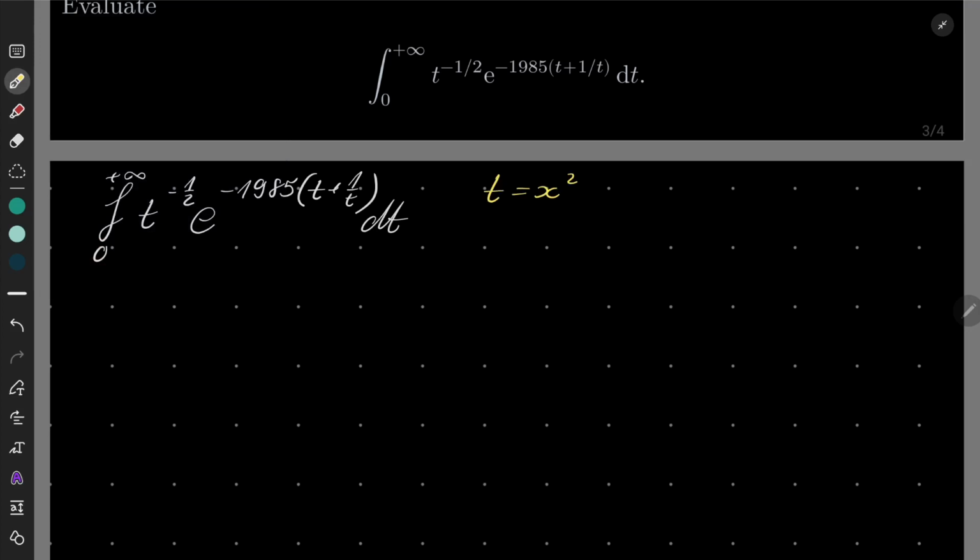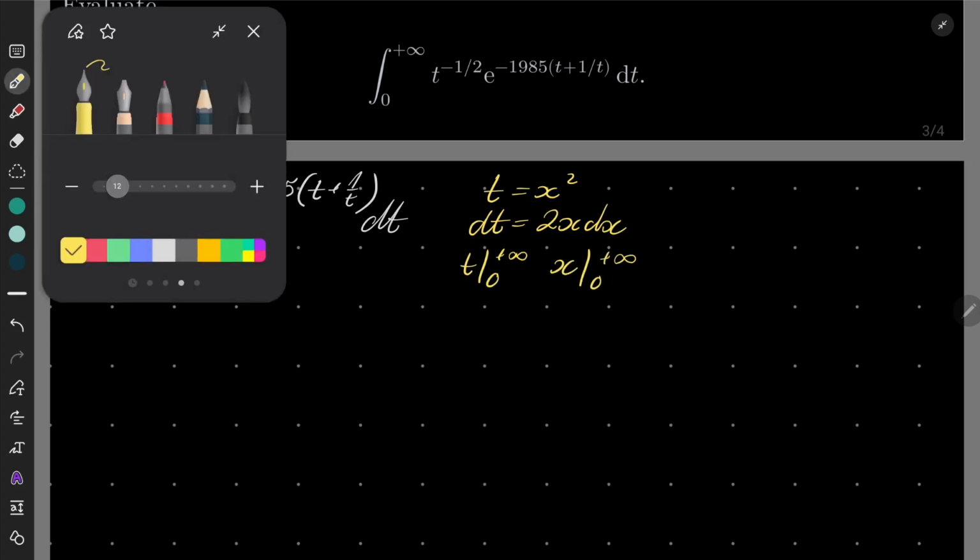It's legal because our interval of integration is from 0 to plus infinity, and we know that the function x squared is a bijection on this interval. dt becomes 2x dx, and the bounds of integration remain exactly the same.